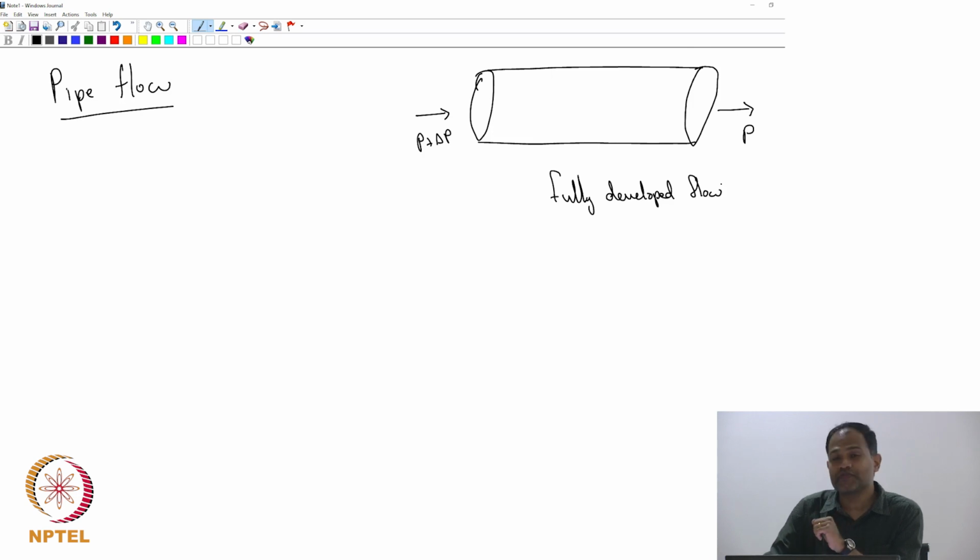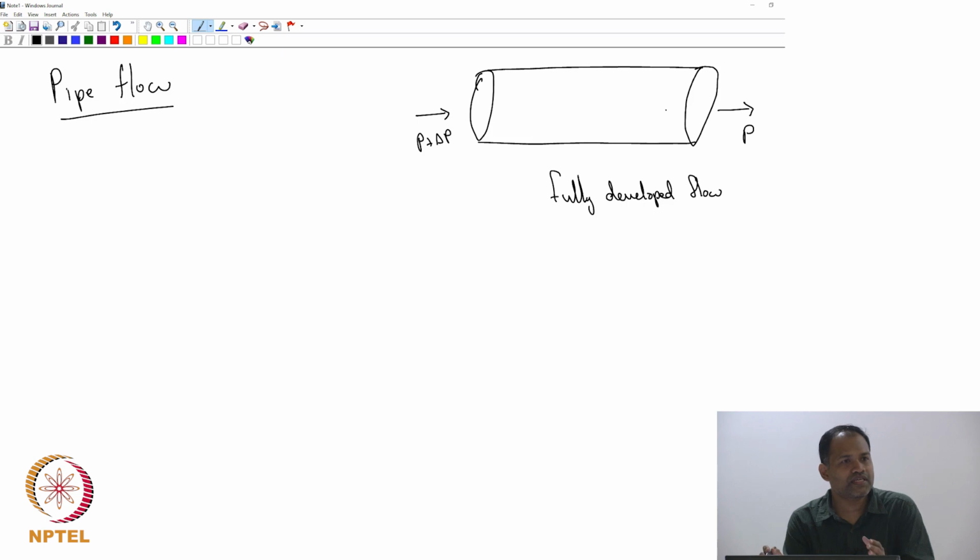As we said that day, the moment the fluid enters here, there will be an entrance region where the flow is developing. That means if I am going along the pipe axis, I would see that at every point the flow is changing, but beyond a point flow does not change, and that is what we termed as fully developed flow. So, fully developed flow is that flow which is coming after the entrance length.